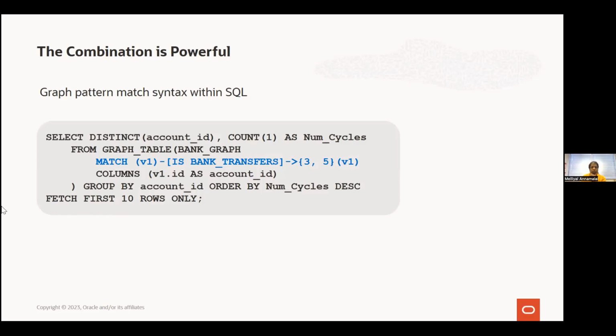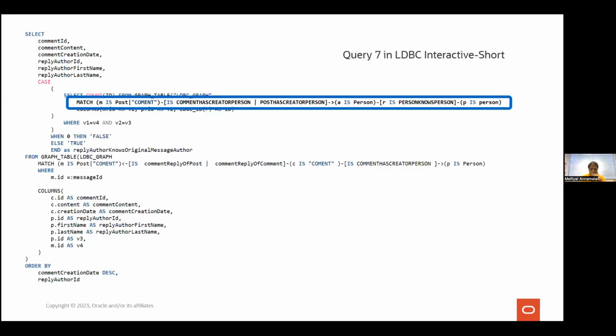So you're just able to plug graphs right into SQL and leverage all the advantages of SQL or relational data, and combine that with doing your graph operations. So if you look at just one example, query 7, we find here again you have this graph pattern within this larger SQL query.